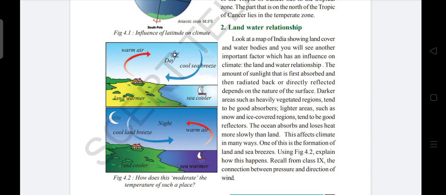The amount of sunlight that is first absorbed and then radiated back or directly reflected depends on the nature of the surface. We all know that when the sun's rays reach the earth, it absorbs some part of the heat from the sun's rays, and these rays are also reflected back again.